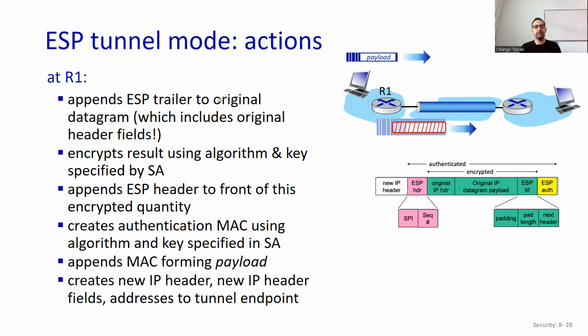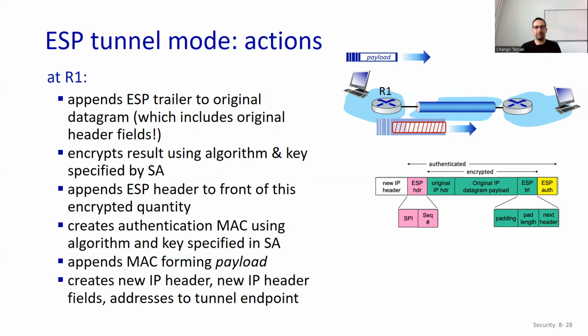Okay, let's look at the actions of the ESP tunnel mode. The payload comes from the application layer. It moves down to the network layer, and router 1 appends the ESP trailer to the original datagram, which includes original header fields, and encrypts the result using the algorithm and key specified by the SA. So initially you have to put secret keys and algorithms there.